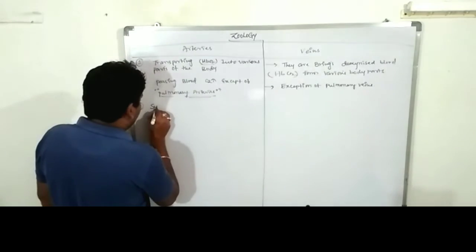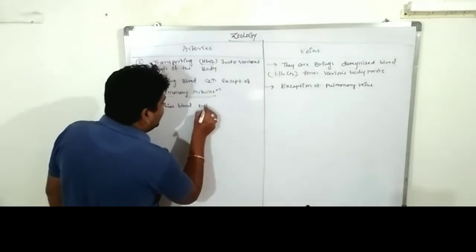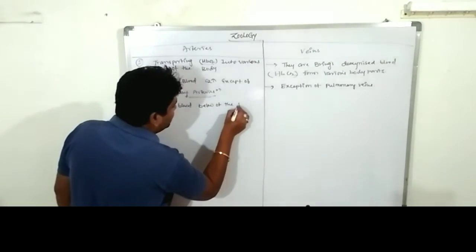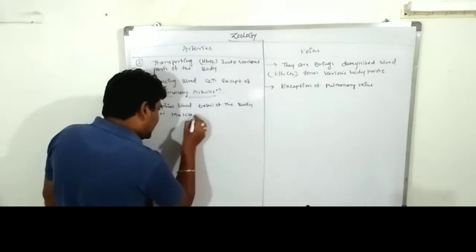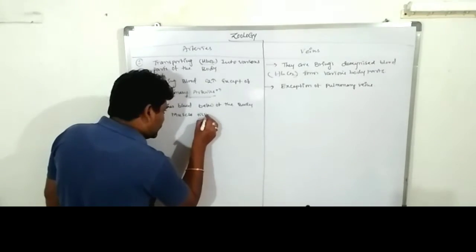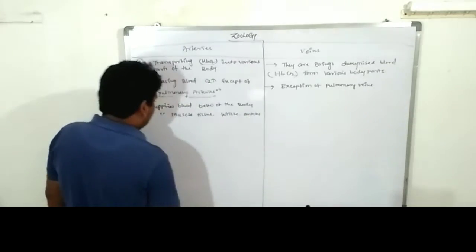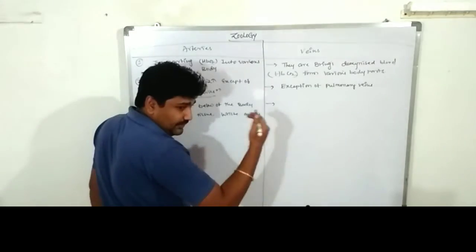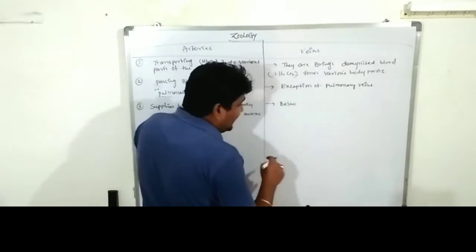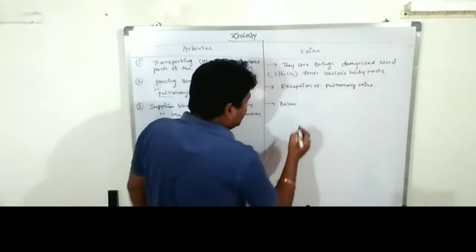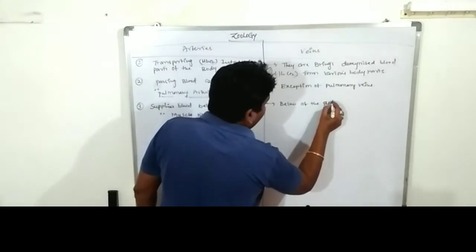So these supply blood to the body parts below, for example the muscle tissue, wrist, ankle, and so on. These supply blood from below the epithelium, nothing but the skin. Epithelium, nothing but skin. Below the epithelial membrane.